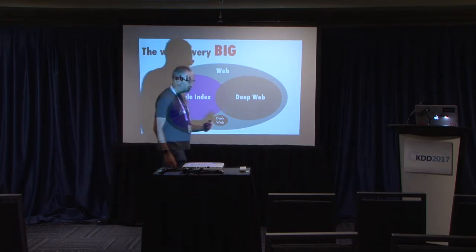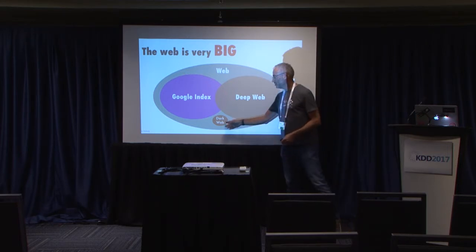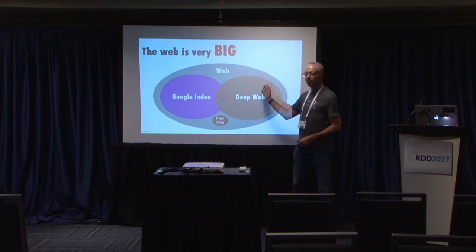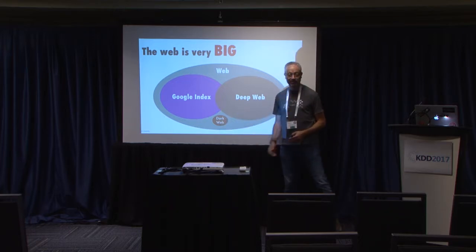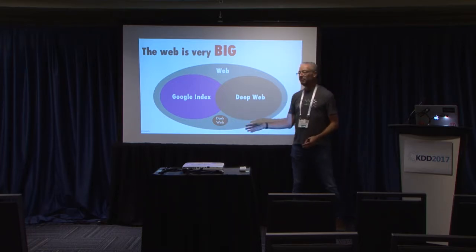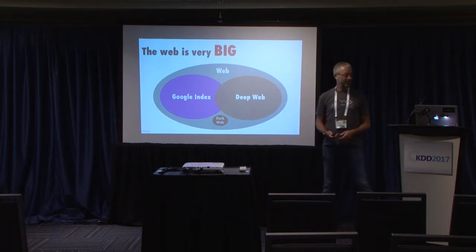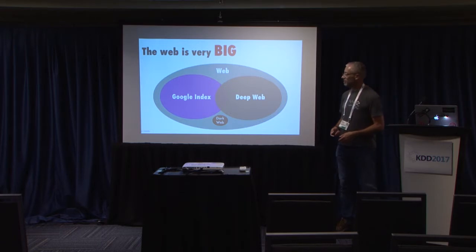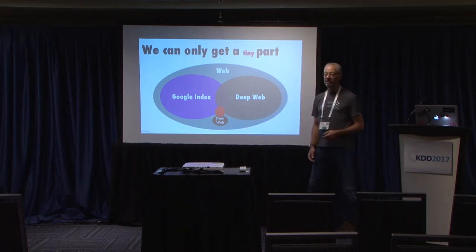And so for many of these domains that we're interested in, even though the dark web is not really drawn to scale, I think if it was drawn to scale, this would be less than a pixel, it's a very rich source of information for some of the organizations. And so the web is very big, and you really want a tiny part.